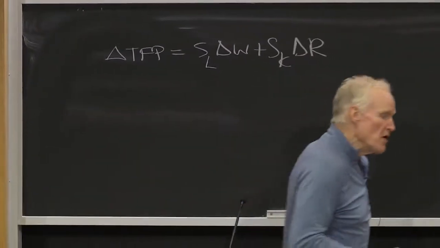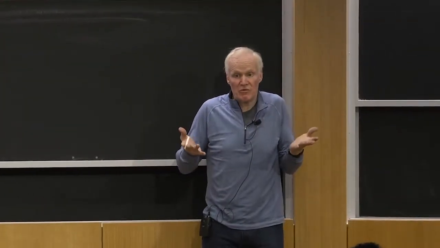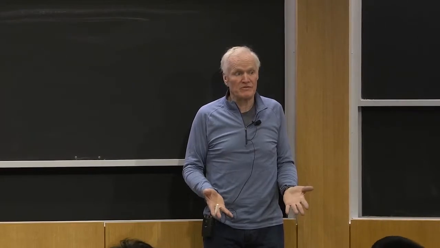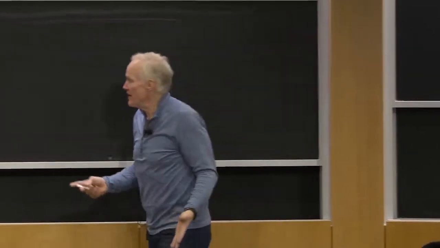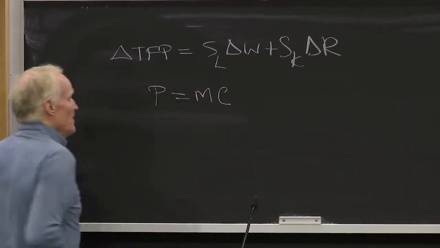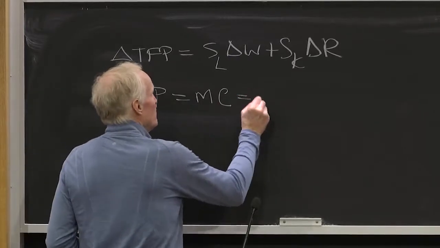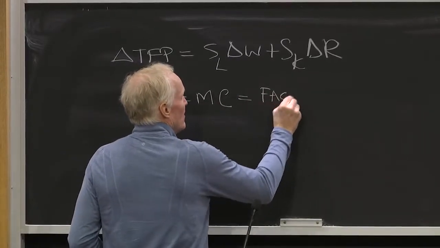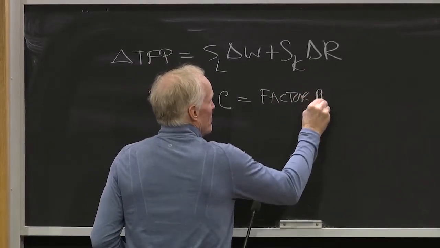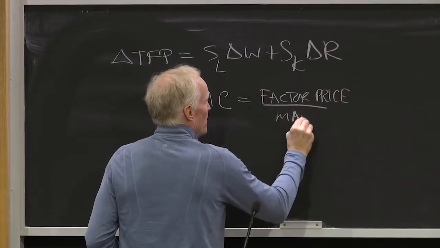Everybody understand the idea? We're getting more productive, so that allows input prices to rise relative to output prices. Think of it this way. Start with an equation like price equals marginal cost. Well, marginal cost is equal to factor price divided by marginal productivity.